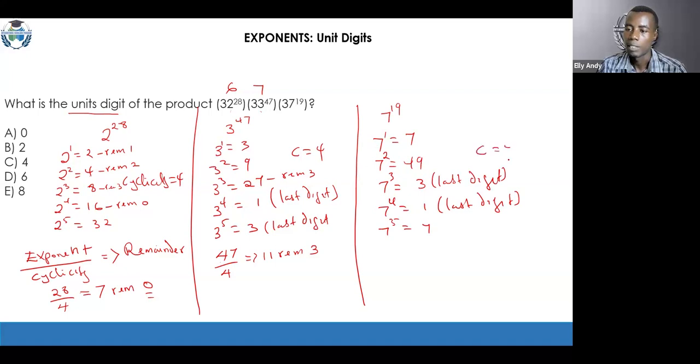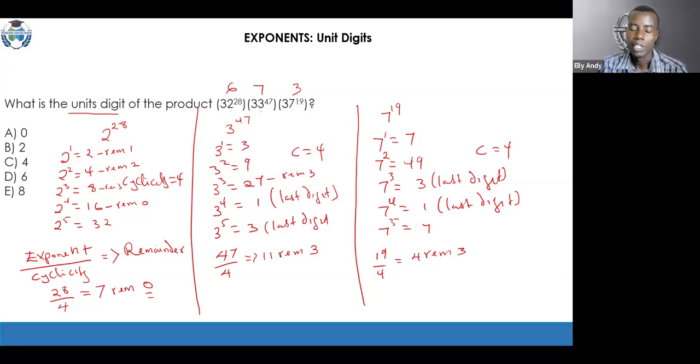The cyclicity is 4. So exponent divided by cyclicity, that will give us a remainder of 3, because that would be 16, remainder 3. So remainder 1, remainder 2, remainder 3, we have 3 as the unit digit of 37 to power 19.